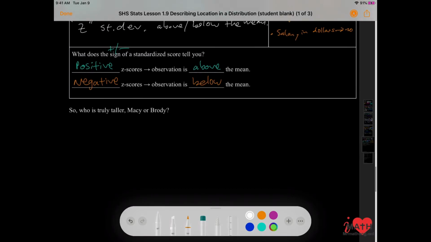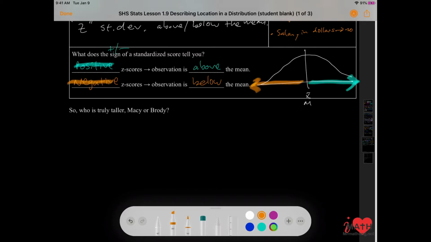Kind of tie back to that distribution, this graph here. If this was the center, the mean or the median are the same, then above would be in this direction, right? That would give us a positive z-score. And a negative z-score would be below, down this direction. Okay?